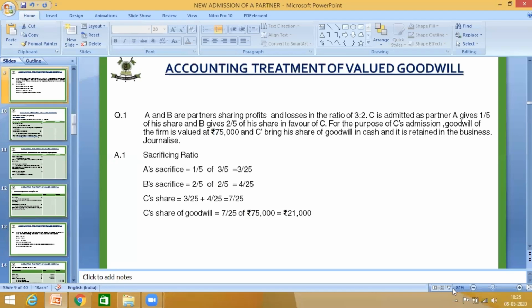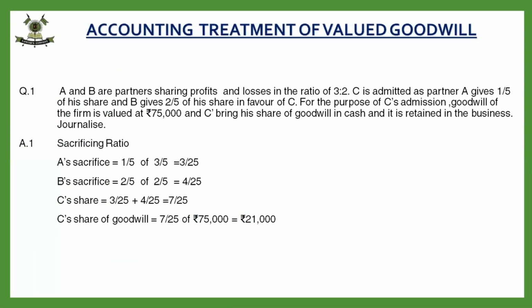Let's take up this question. Now, A and B are partners, sharing profits in the ratio of 3:2. C is admitted as a partner. A gives 1/5 share and B gives 2/5 of his share in favor of C. So you have to apply the concept.